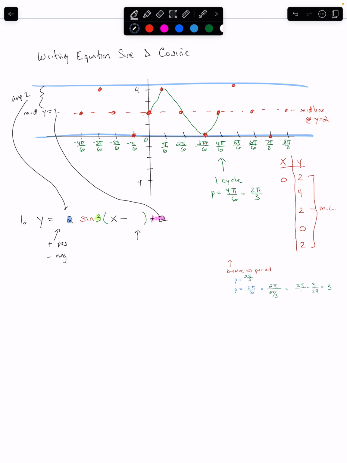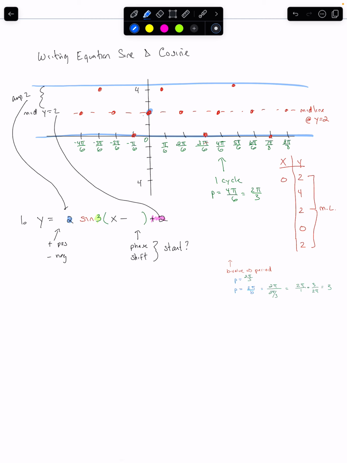And what else is going to change is potentially your phase shift, which is pretty much where you want to start. And you can start in multiple locations. Let's take the easiest one. Let's say I want to start here at 0.